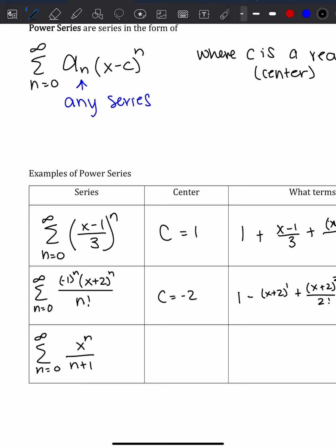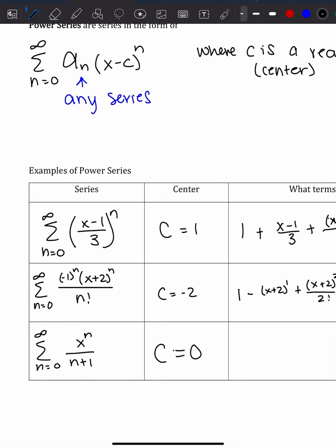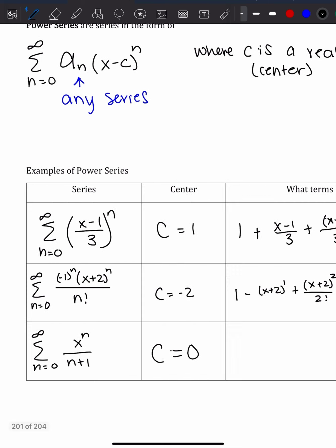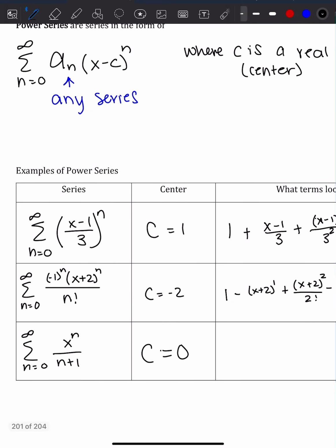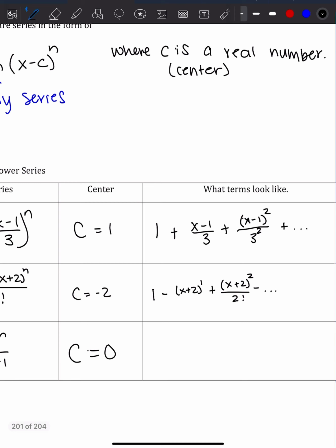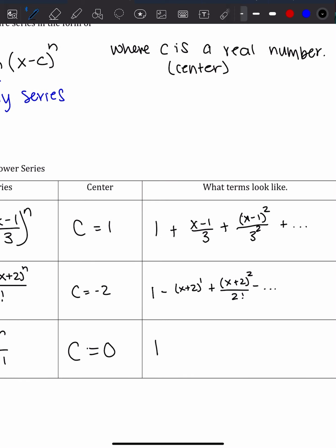Okay, so in this case, since normally it's x minus something, and we have x just by itself, we don't have x plus anything or x minus anything. This means our c value is going to equal 0. Our first term is when 0 is plugged in, so x to the 0 power divided by 1. So we have 1 plus x to the first power divided by 1 plus 1, plus x to the second power divided by 2 plus 1.